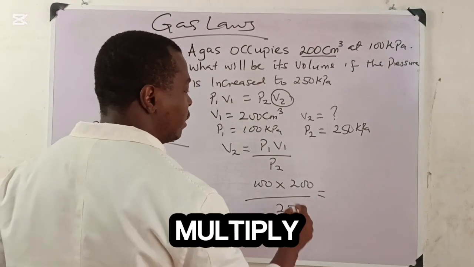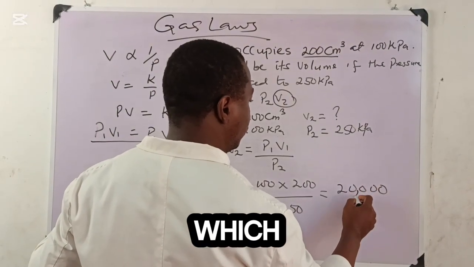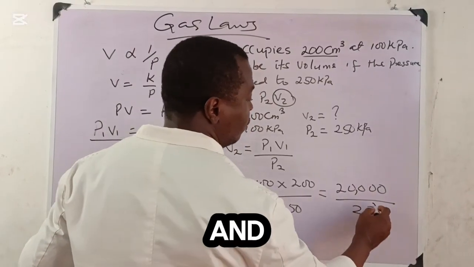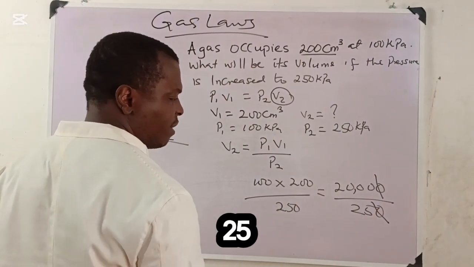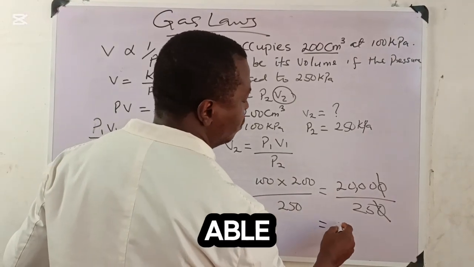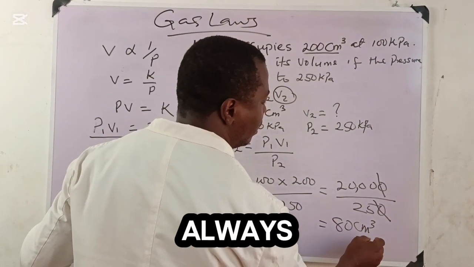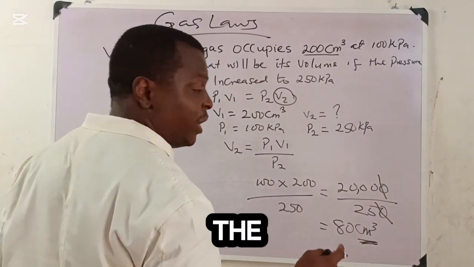If we multiply this, we will get 20,000 all over 250. And if this 0 cancels this 0, we will have 2,000 divided by 25. And if we solve this, we get 80 cm cube. Always remember that after solving, you must make sure that you include the units.